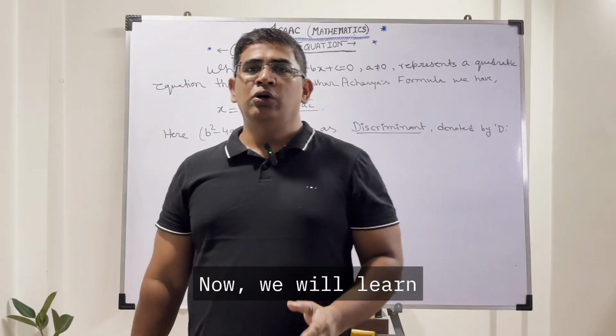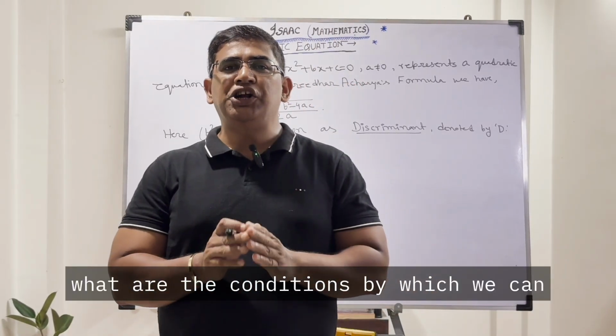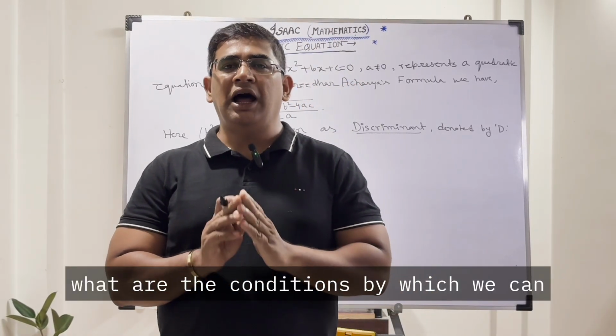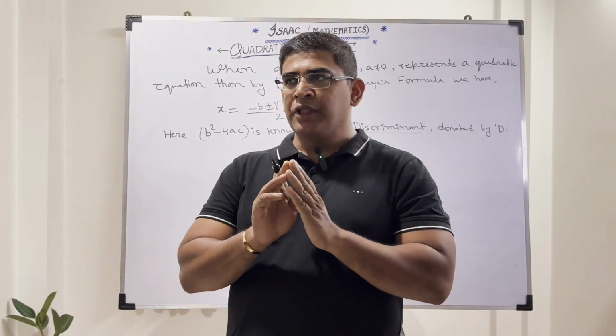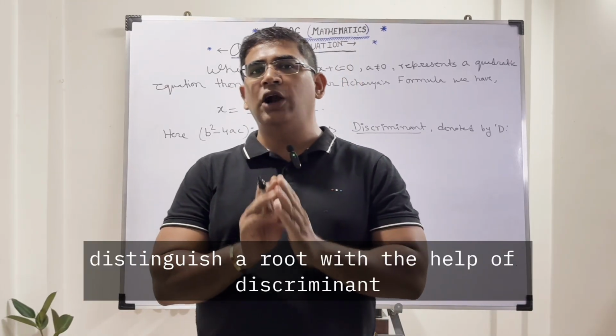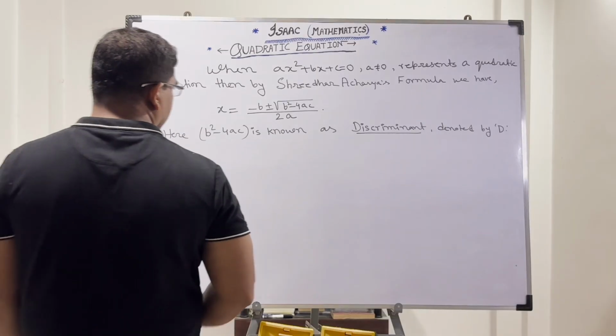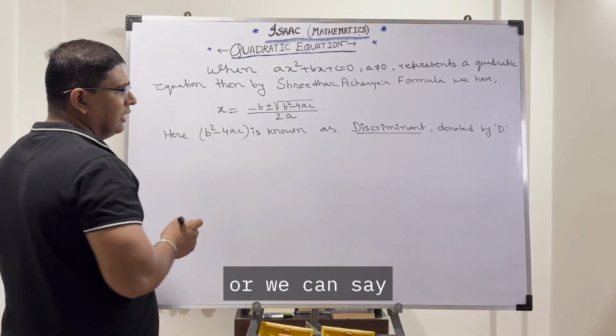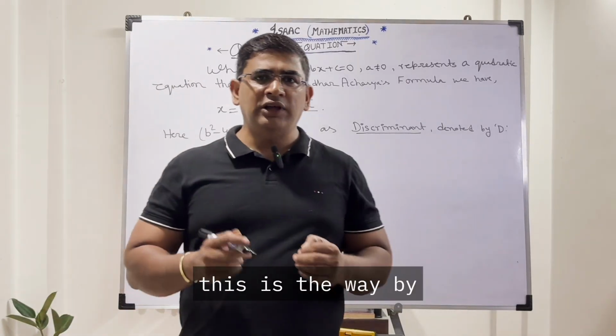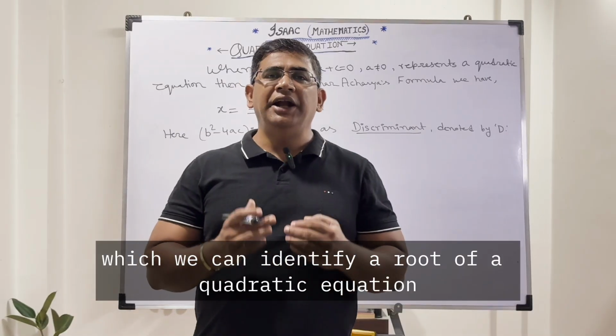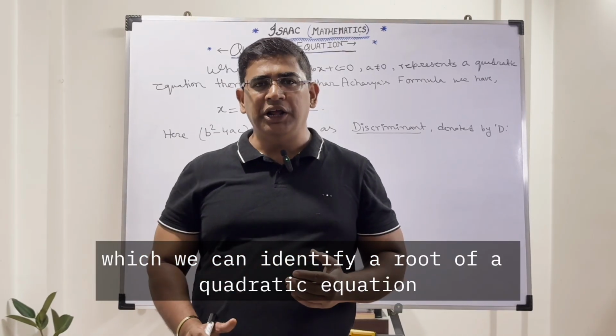Now we will learn what are the conditions by which we can distinguish a root with the help of the discriminant, or we can say this is the way by which we can identify a root of a quadratic equation.